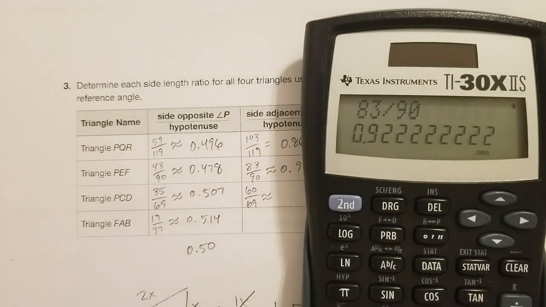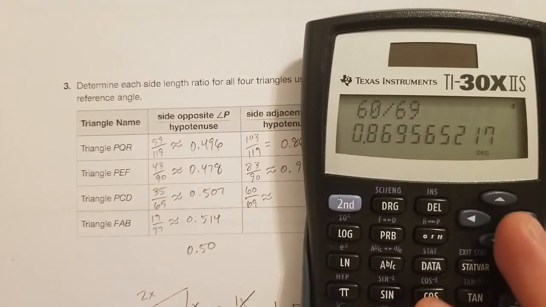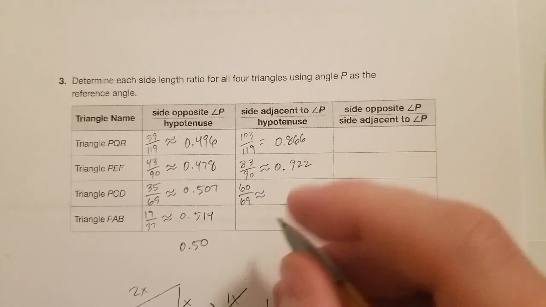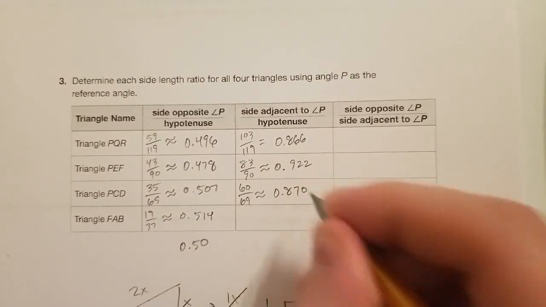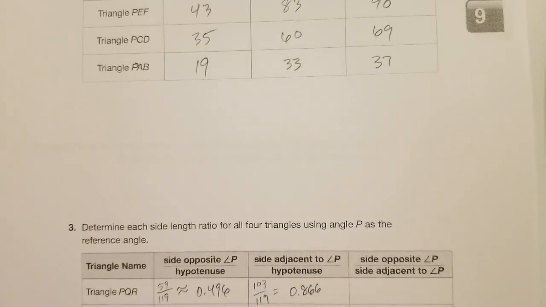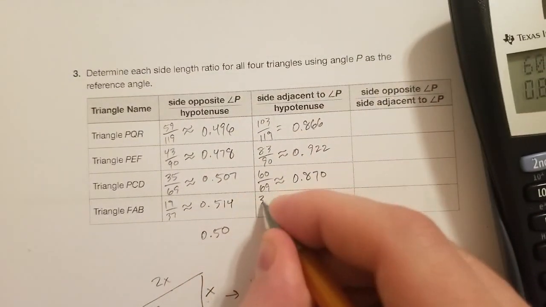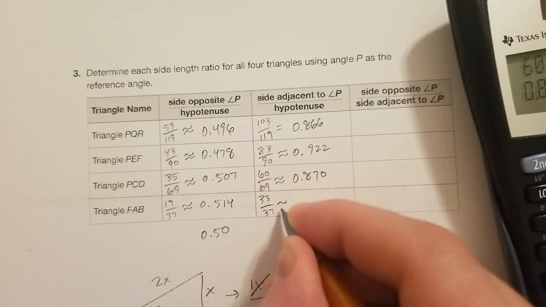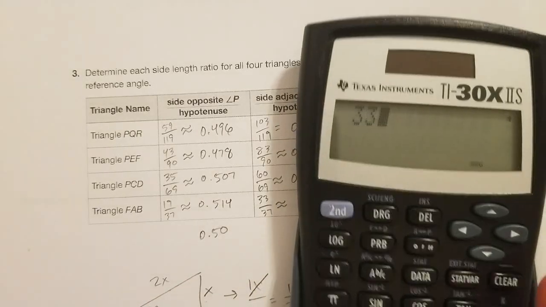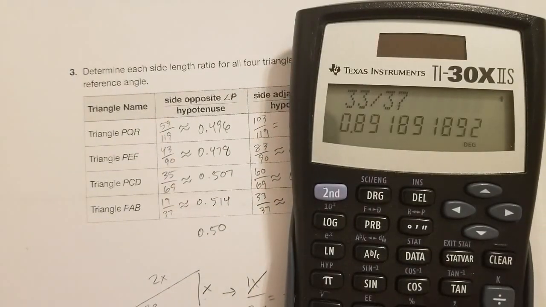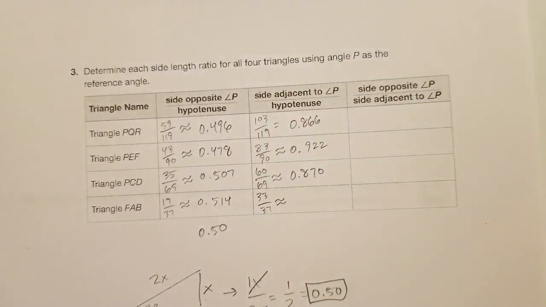Let's see, 60 over 69, 0.870. And then the last one is 33 over 37. And we get 0.892.